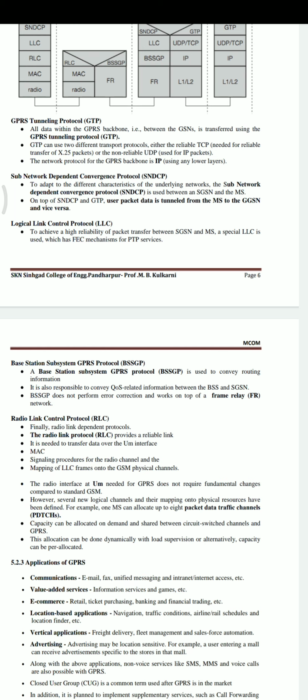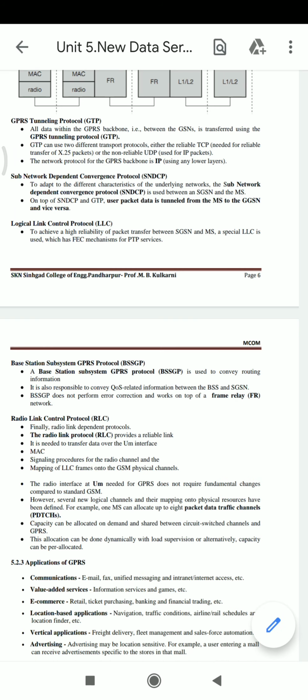In short, whenever any mobile station wants to transfer any packet to another mobile station using GPRS, whatever information is required to forward those packets to the current care of address, or you can say current location, this protocol provides all that required routing information for the transmission.